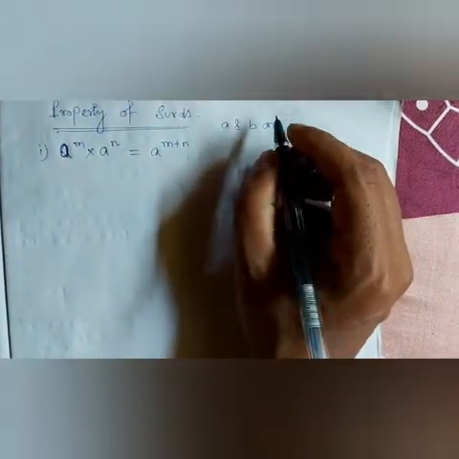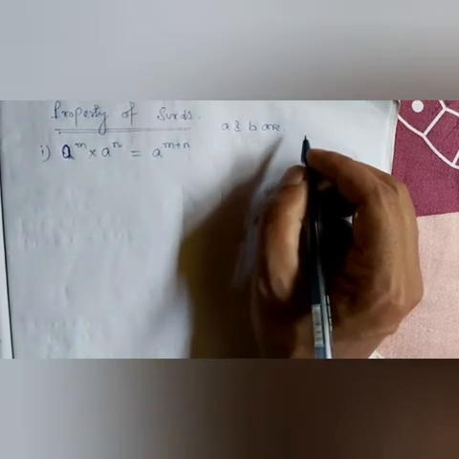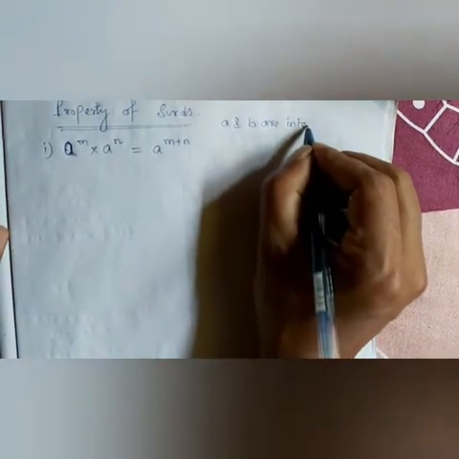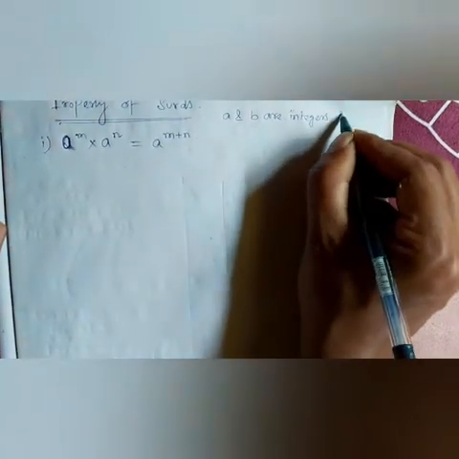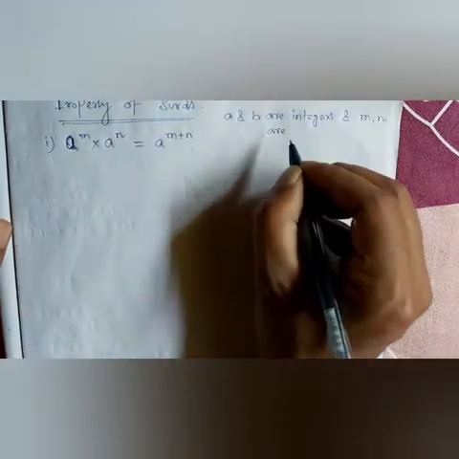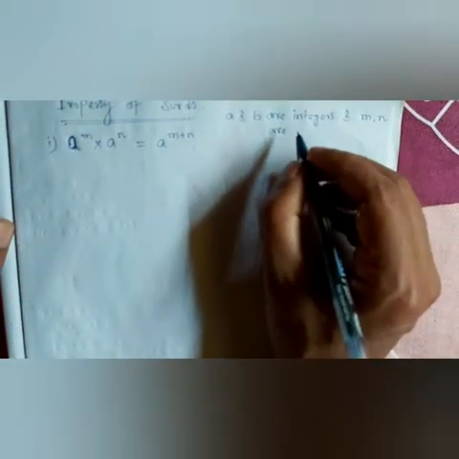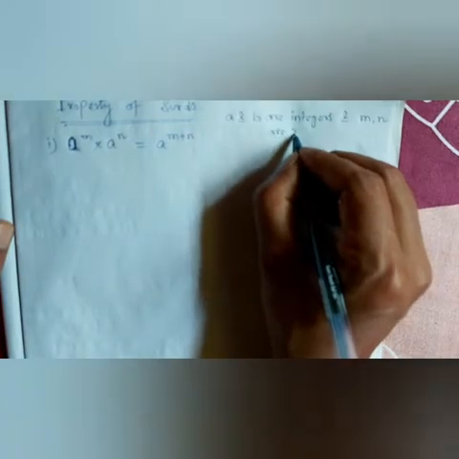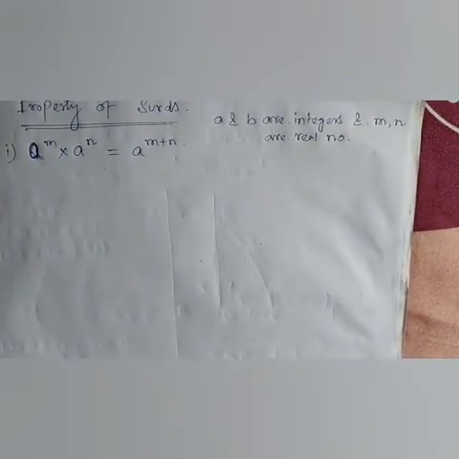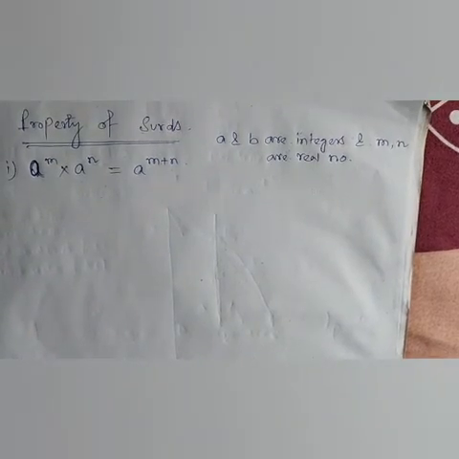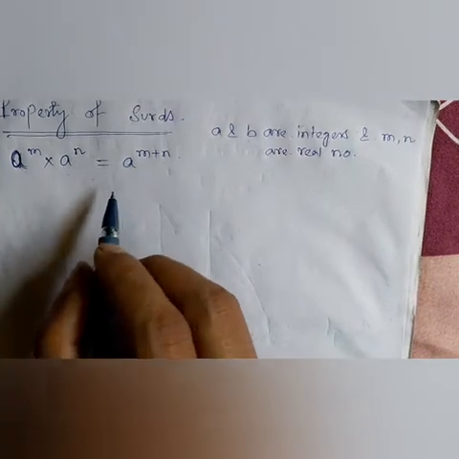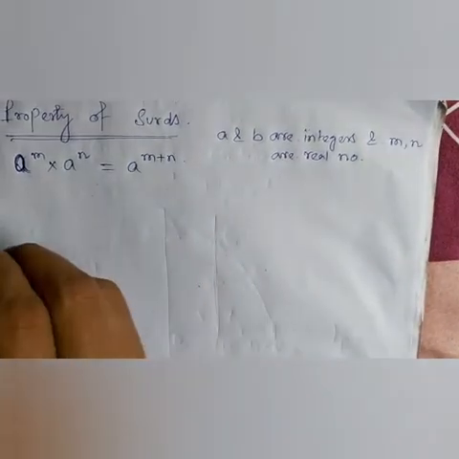These are integers, and m and n are real numbers. So a to the power m into a to the power n is equal to a to the power m plus n.